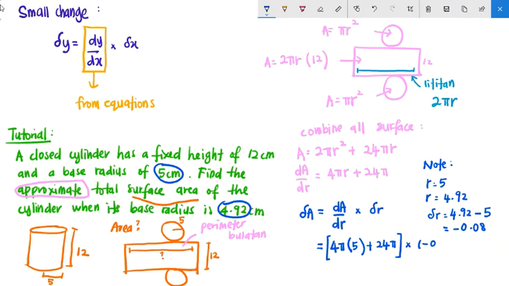Times negative 0.08. So dia akan dapat 5 times 4, 20 plus 24 pi is 44 pi. 44 pi times negative 0.08.